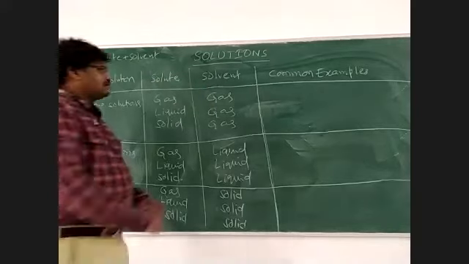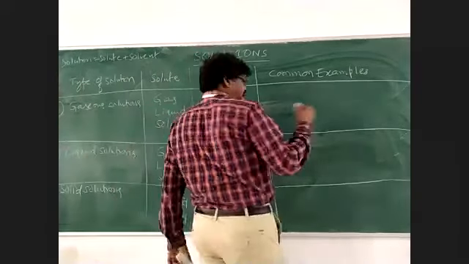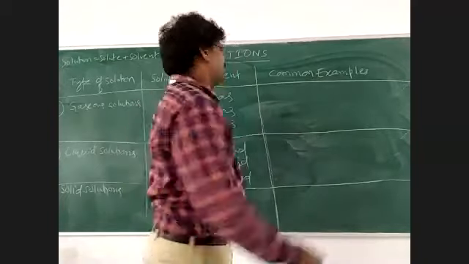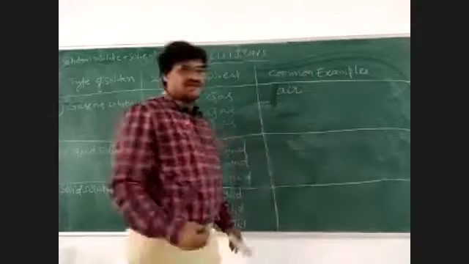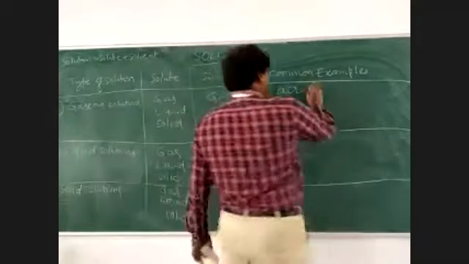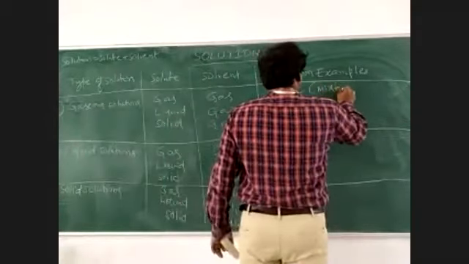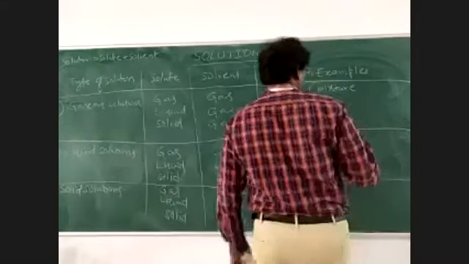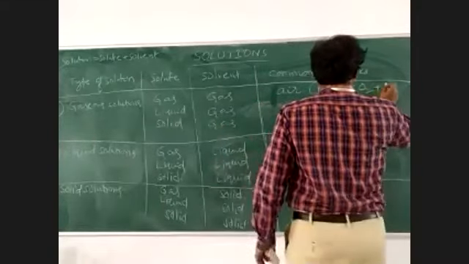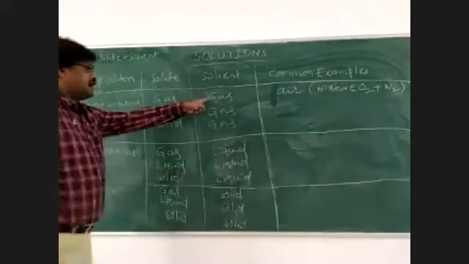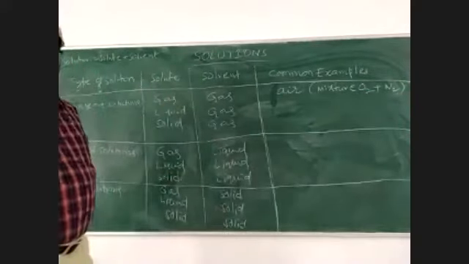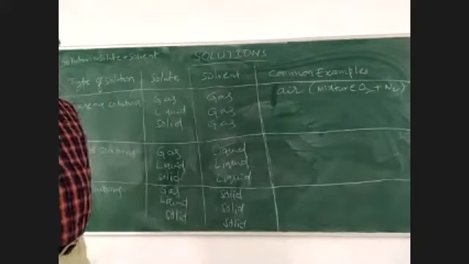The common example for this is air. It is a mixture of gases. The main percentages are oxygen and nitrogen. The example for gas in gas is air. Air is a mixture of O2 gas and N2 gas.